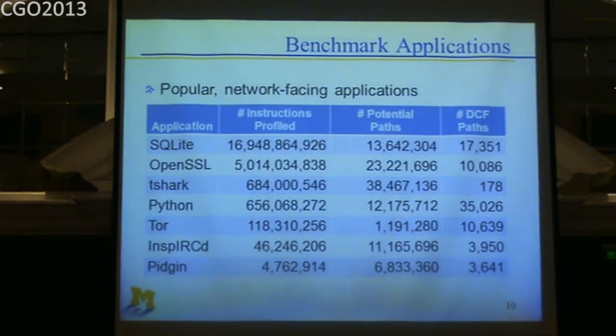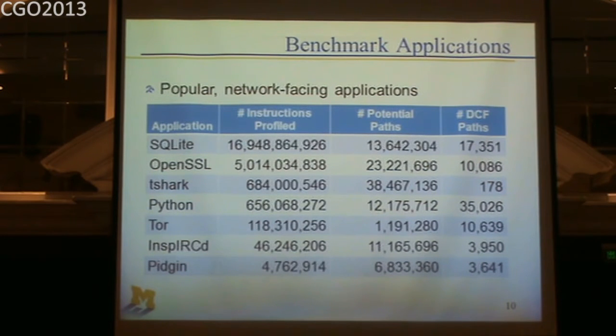Now, in order to evaluate the performance of our profiling system, we selected popular network-facing applications which face an increased risk to attack. We further preferred applications with high-quality test suites, especially fuzz testers. And we executed these applications, profiling them for their respective test suites, collecting the application traces, which are shown in the second column.